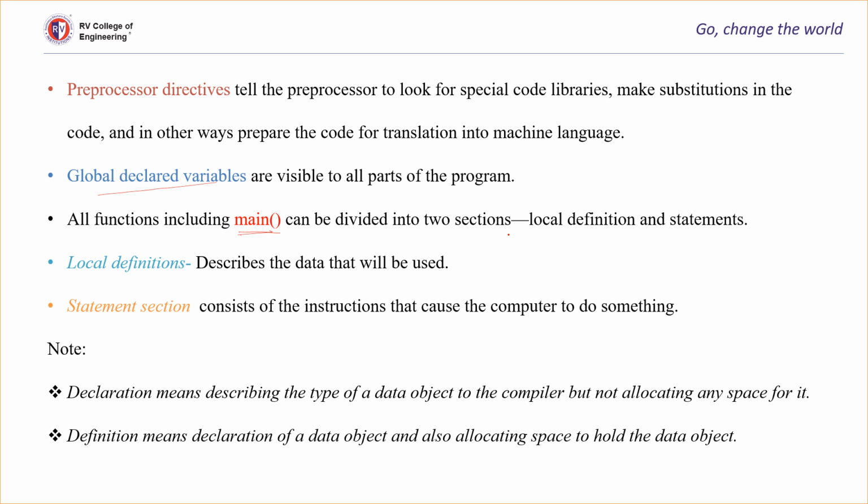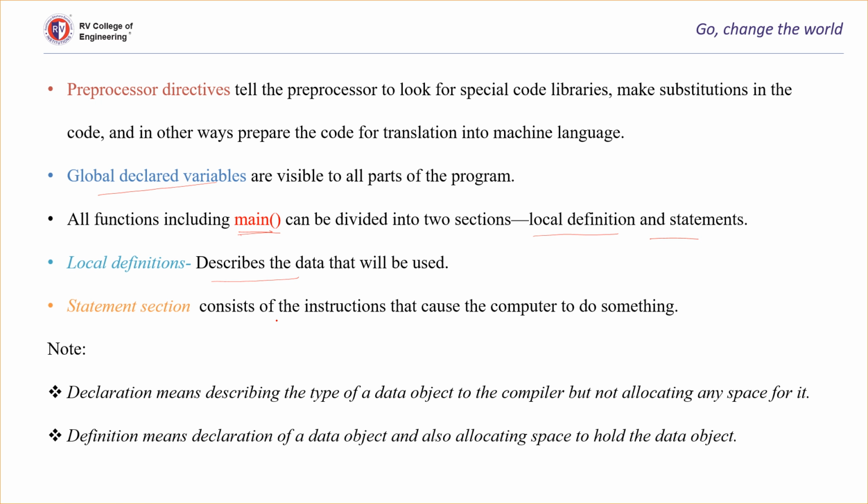This main has two sections. One is the local definitions and the other is statements, right? Local definitions describe the data that will be used throughout the program, what all variables you need, what is your data type, etc. And statements include the statements required for a system to perform some useful task, I mean to tell, it is processing.